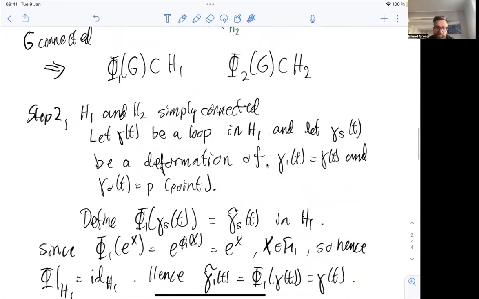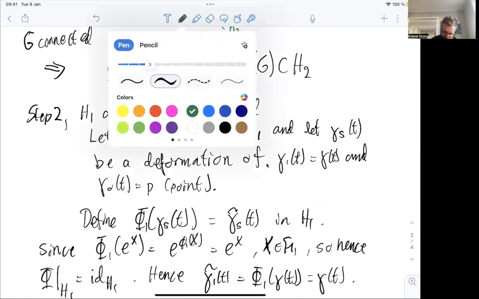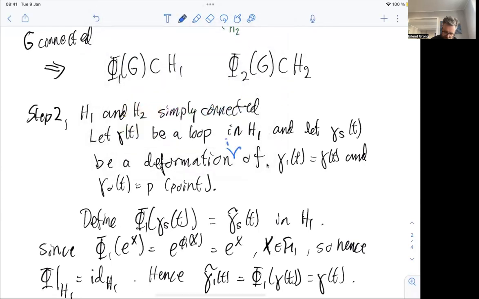So let gamma be a loop in H1, and then since the large G is simply connected, we know that it's a deformation in G. So we know that in the large space G, we can deform this into a point, and now we need to show that we can do it also in H1.